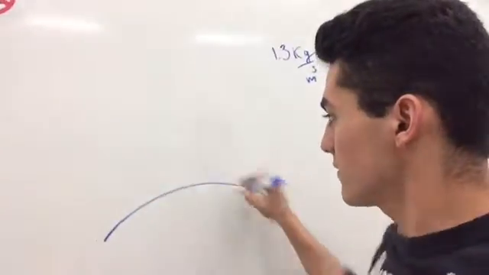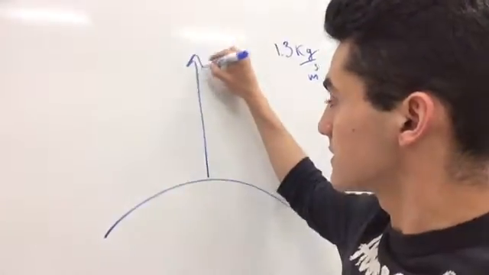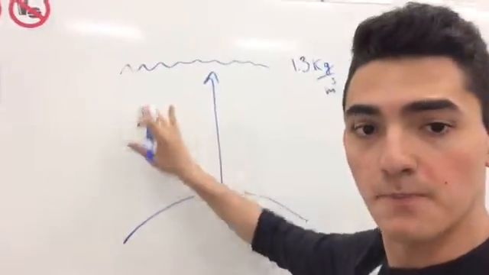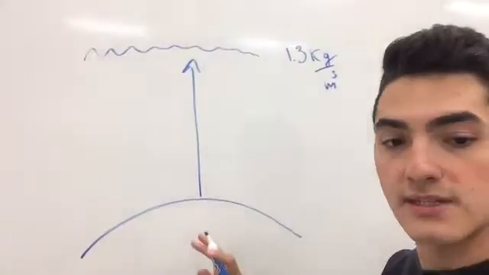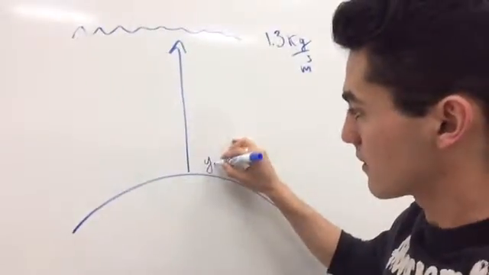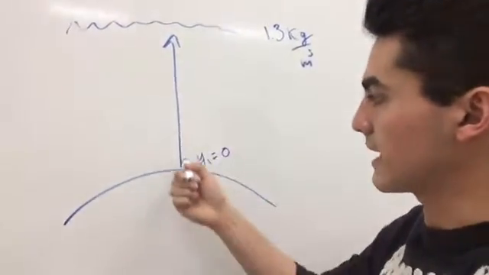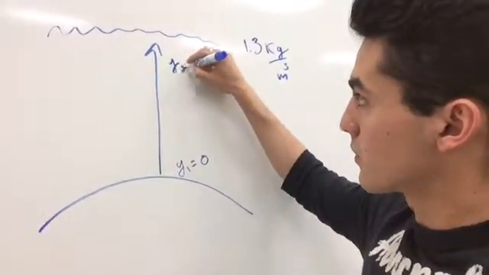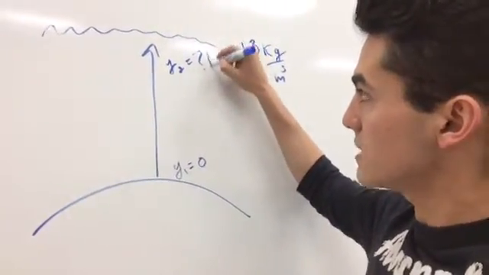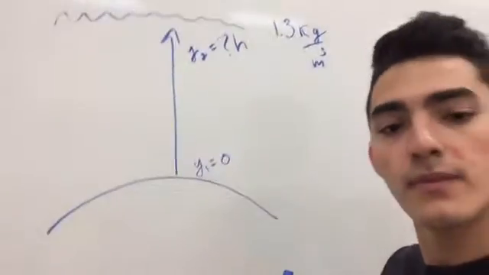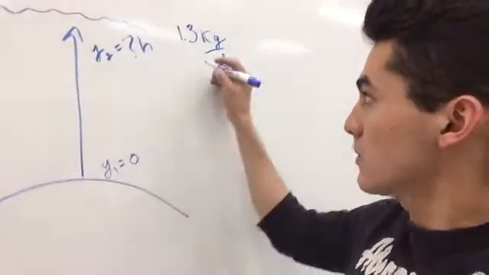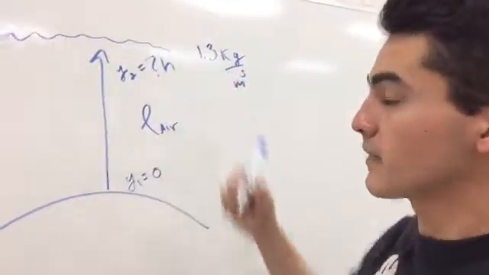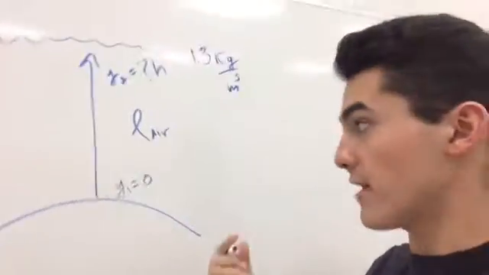Now, for solving the first question, that is if the density is uniform, I'll draw the air here. This is the air, and this is the end of the atmosphere. We start at 0 height, and we are looking for a height h. Here we have the density of air, and we also have pressures.